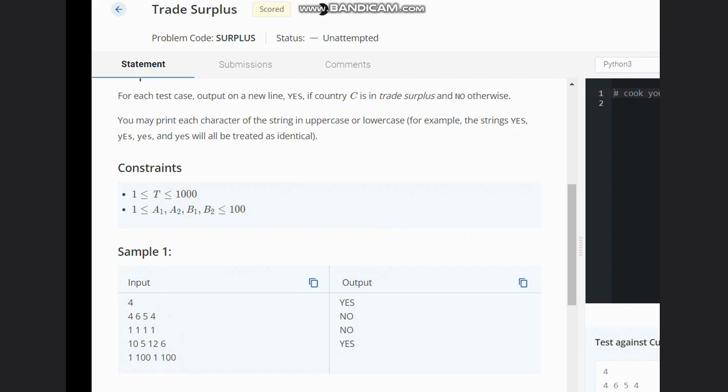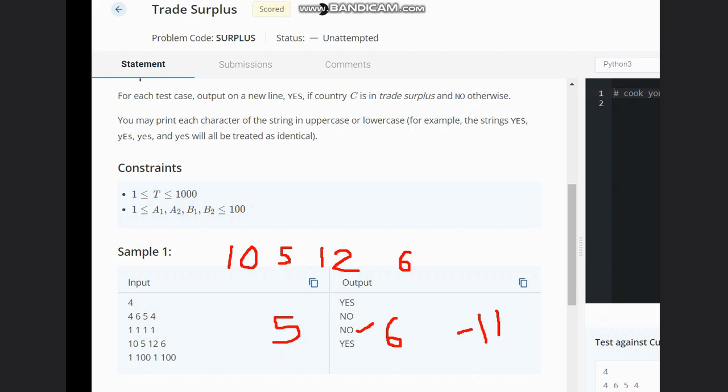So we have 10, 5, 12 and 6. Now 10 minus 5 is 5, 12 minus 6 is 6. The total comes out to be 11. So for C it would be -11, hence it is not a trade surplus, so we output no.